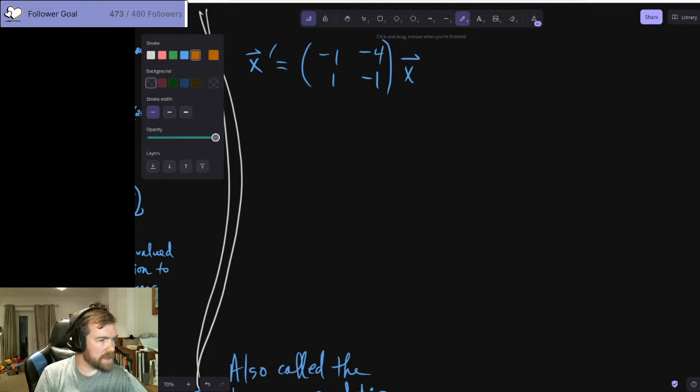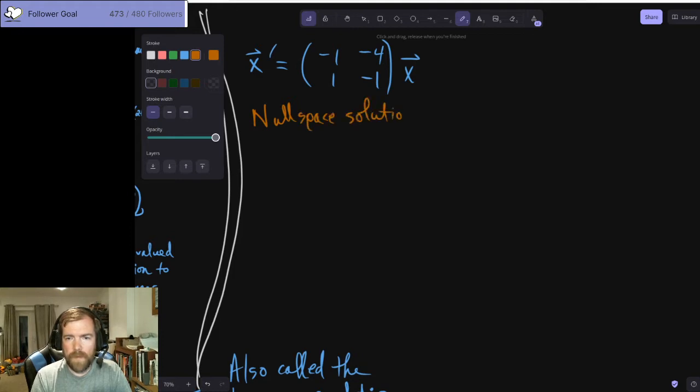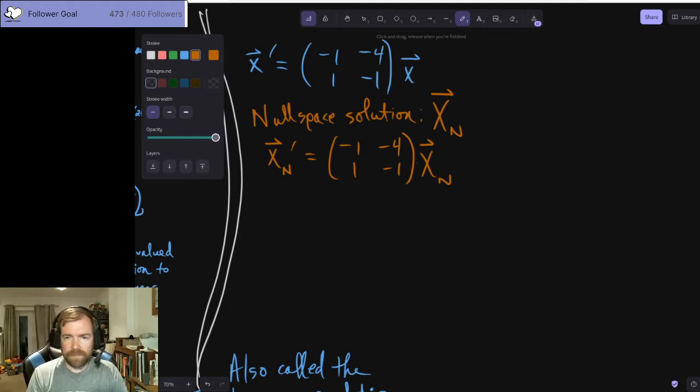If we take the null space solution itself, let's call it capital X sub n as a vector, then x sub n prime is going to be equal to our transformation matrix times x sub n.